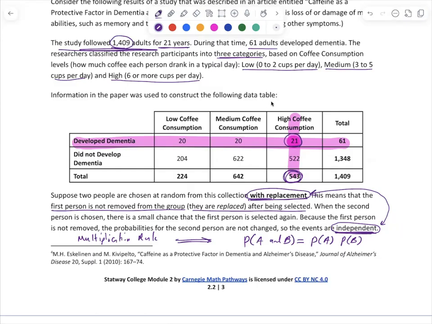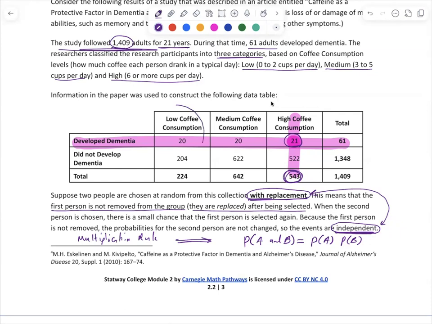Please answer this question. What is the probability that a person developed dementia given that they were in the low coffee consumption group? Please pay attention.